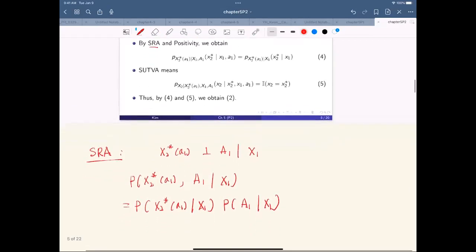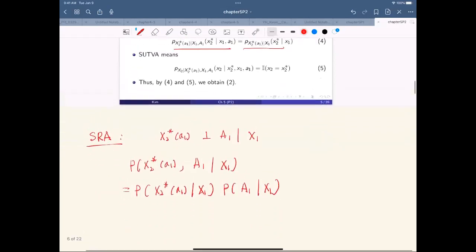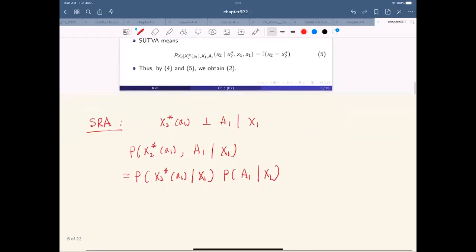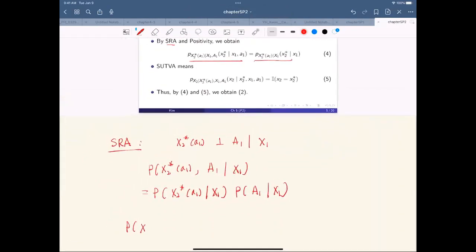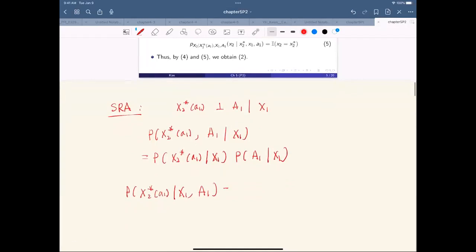But what we are interested in is showing this equality. The left side of 4 is the probability of x2 star a1 given x1, a1 equals, given x1, divided by the probability of a given x1.